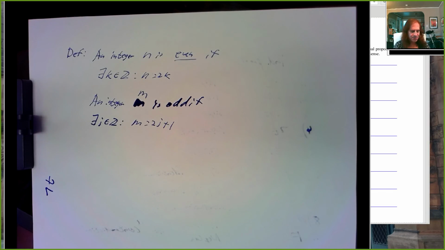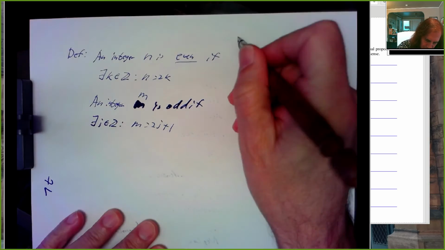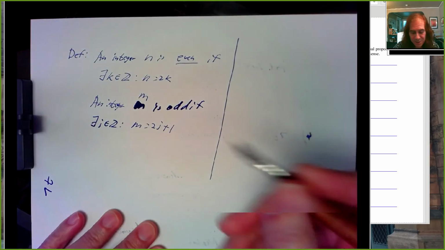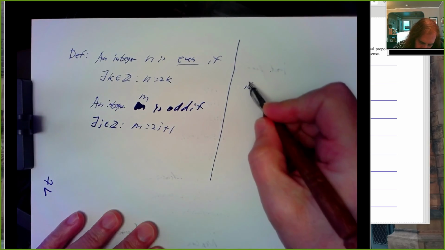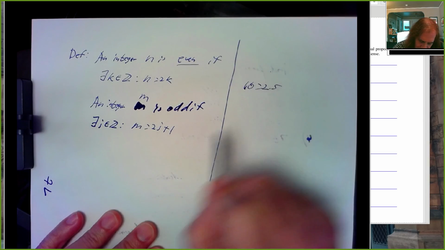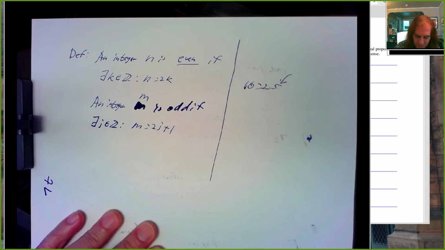In commoner terms, an even number is twice an integer. An odd number is twice an integer plus 1. So for example, the number 10 can be written as 2 times 5, where 5 is an integer. 10 is even.